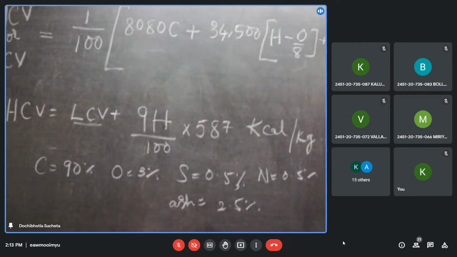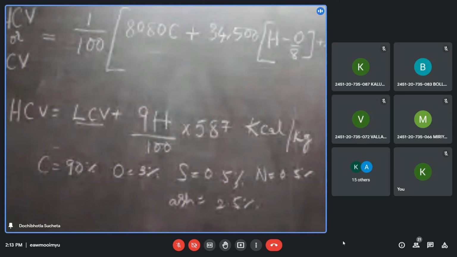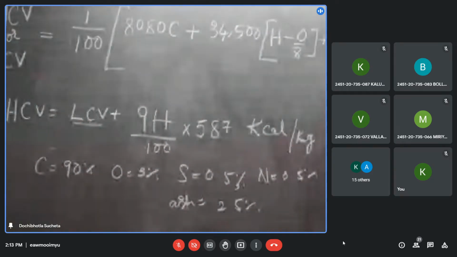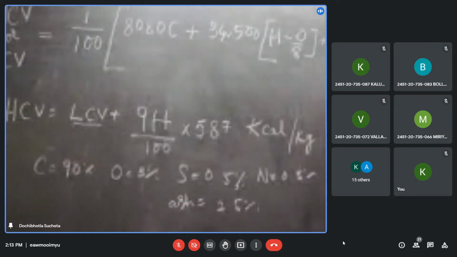Units are kilocalories per kg, calories per gram in CGS units, or British thermal units. When gaseous fuels are burnt, the calorific value is expressed as kilocalories per meter cube or per centimeter cube.